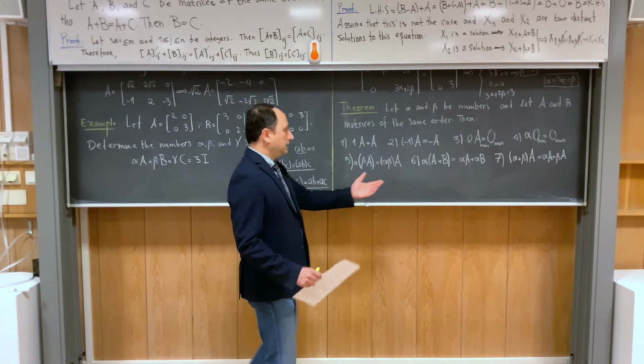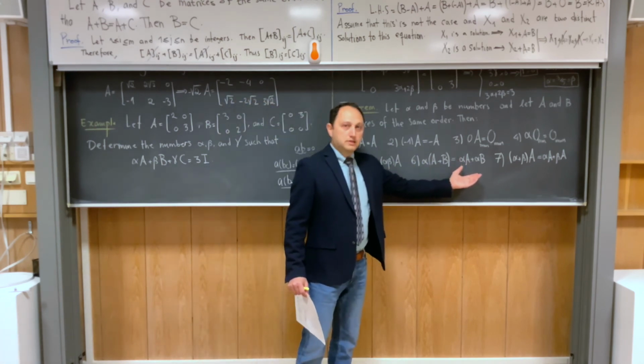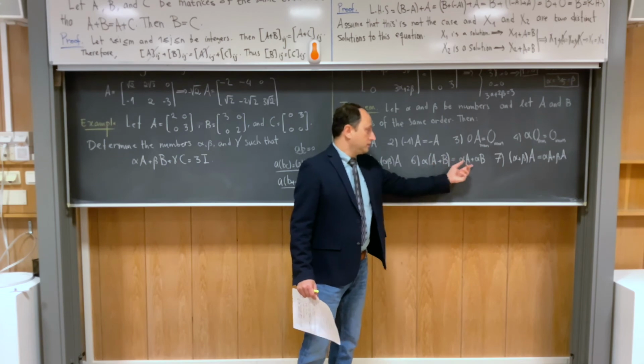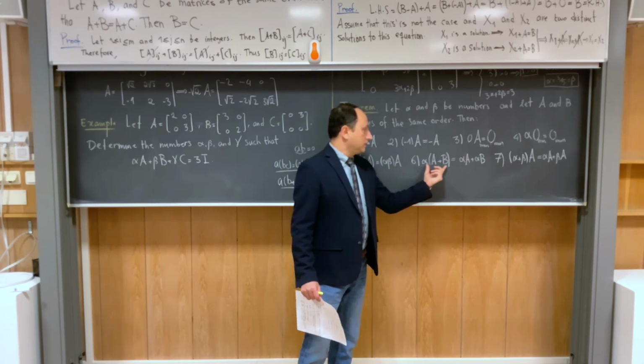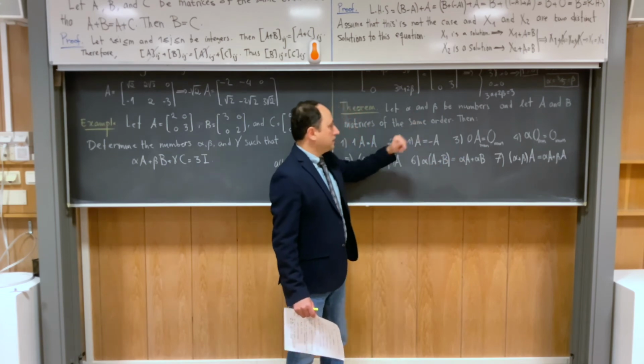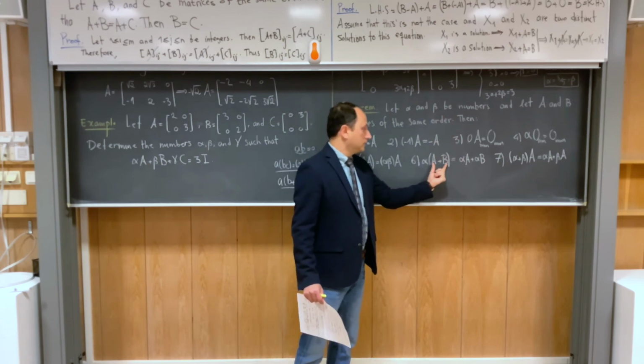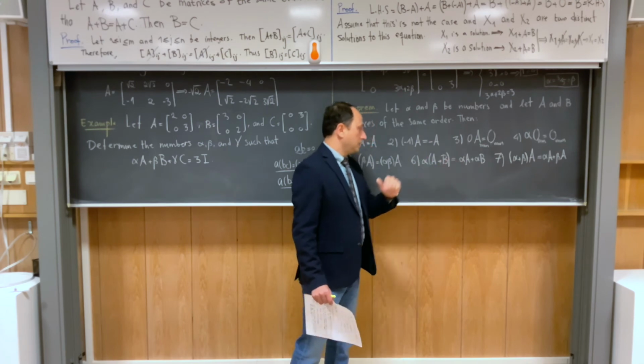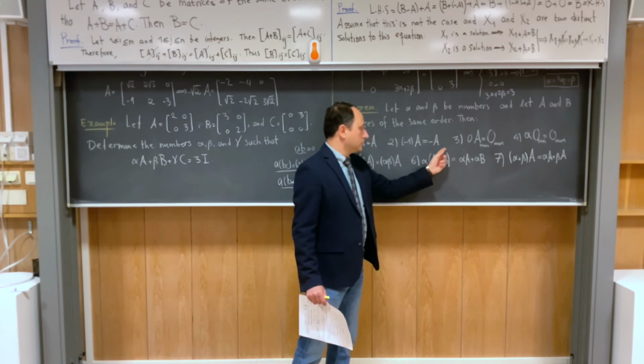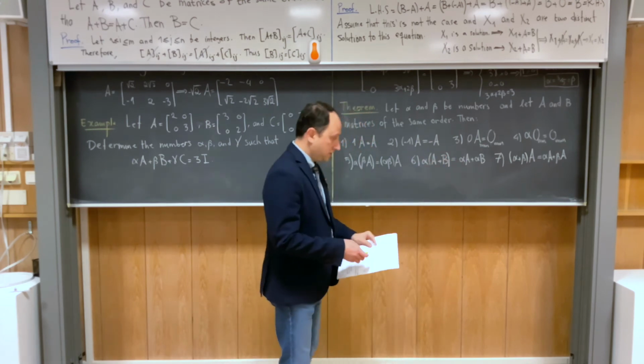Okay, so again, the left-hand side is a matrix, the right-hand side is a matrix, so I want to prove the equality of two matrices. I need to prove that they are of the same order, but you can easily convince yourself because A and B are of the same order, so these are of the same order. But what I need to do is to consider the ijth element of the left-hand side.